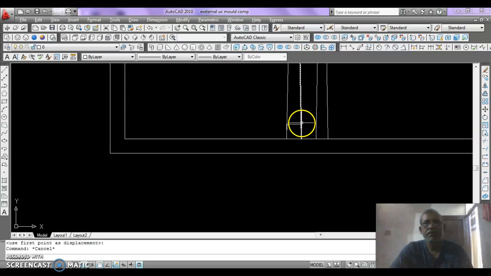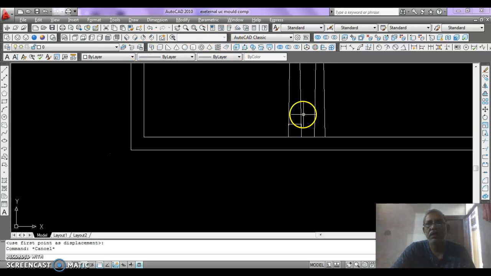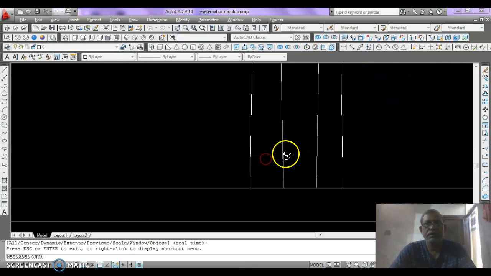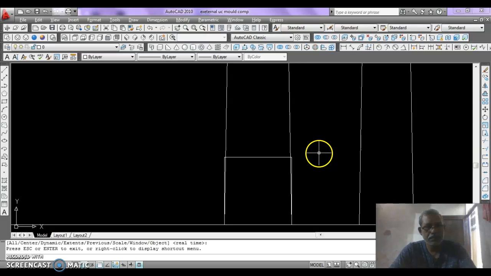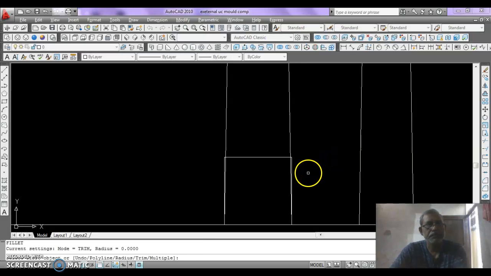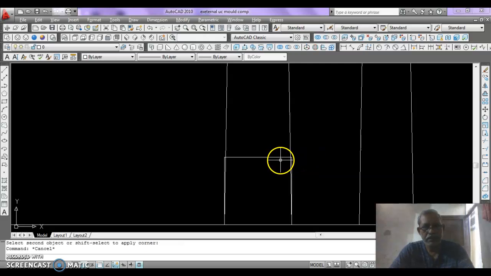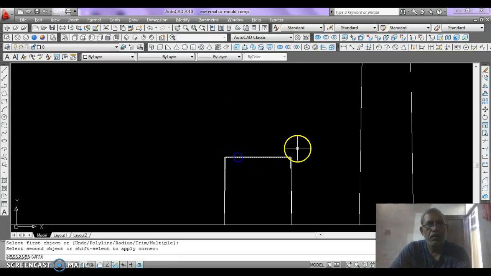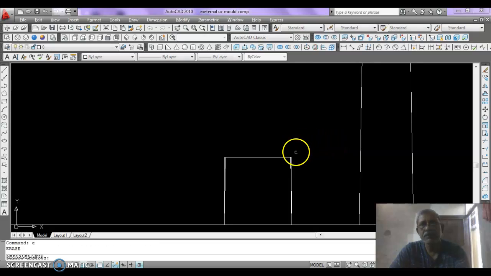Now trim the extra lines or append. And erase these lines.